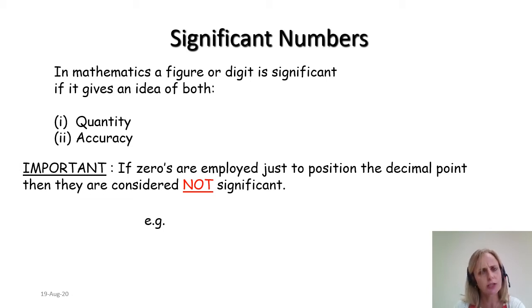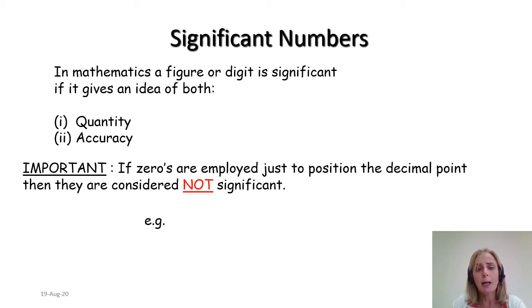So what we're going to do is look at understanding what significant figures are, and then how to round to those values. And it's because rounding to a certain number of significant figures isn't as straightforward as saying round to one decimal place or round to the nearest 10. Depending on the number that you're given, it could be either or something different.